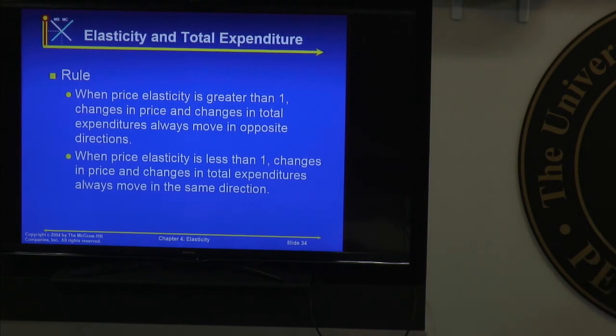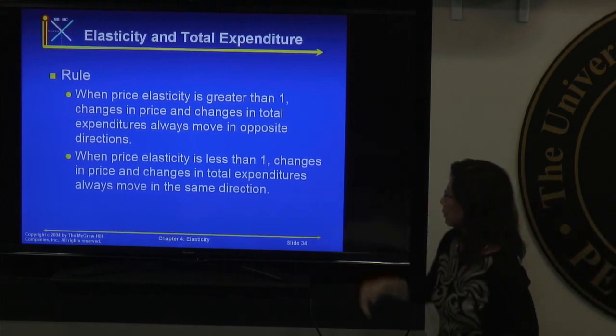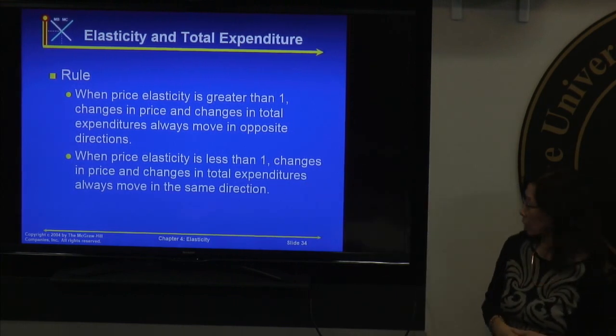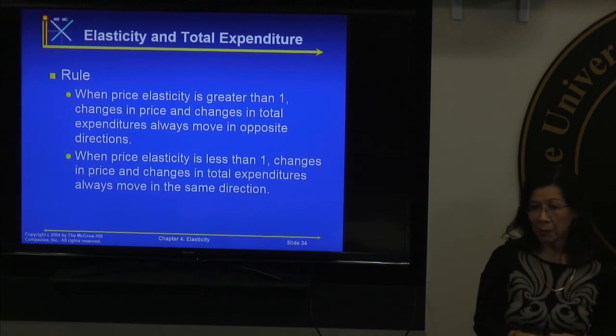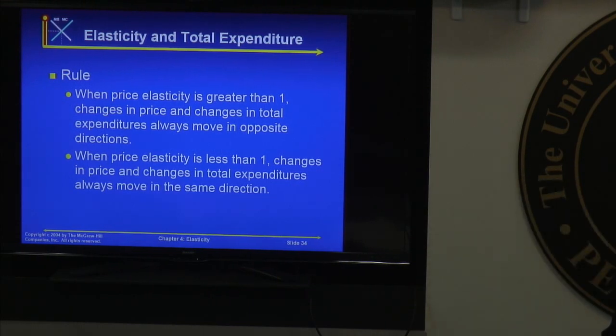But we can ask the question in such a fashion that you have to figure out this means elastic. The second part: when price elasticity is less than 1, changes in price and changes in total expenditure move in the same direction, and you straight away know that's referring to the inelastic demand curve.